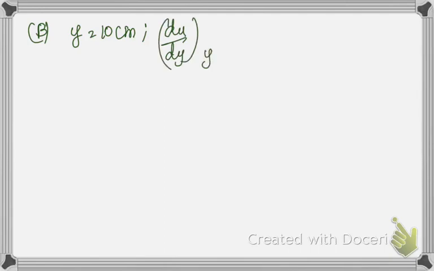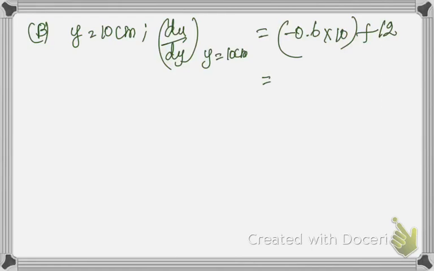Next B, if y is equal to 10 centimeter, what is the value of du by dy? So du by dy at y is equal to 10 centimeter, which is minus 0.6 into 10 plus 12. Here I am converting it into meter per second. So which is 6 meter per second.